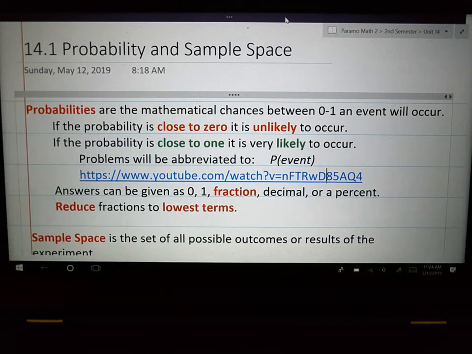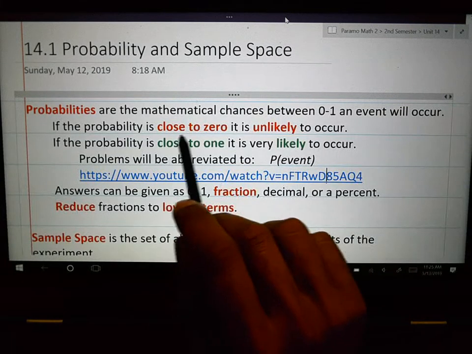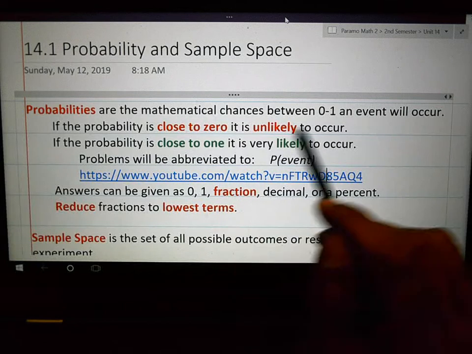So what we're going to do today is finish our last unit, which is on probabilities. The very first thing that I showed you was a video of a guy who didn't understand that anything closer to zero is basically not going to happen.